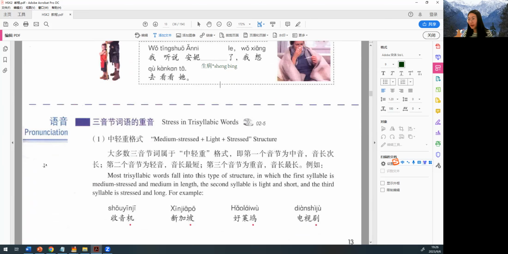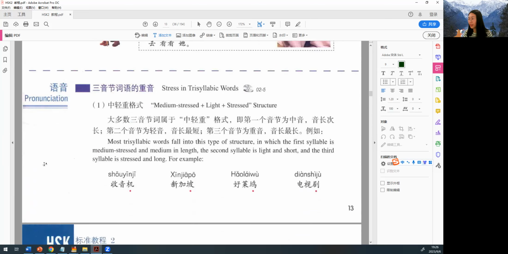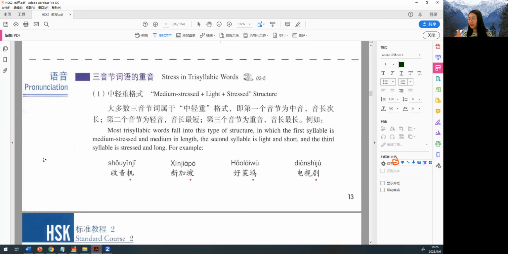All right, and then is pronunciation. Again, why do they make it so complicated in HSK 1, HSK 2? So what you need to do is read all of this. You know how to read the pinyin, you know how the pinyin works, and that's it.